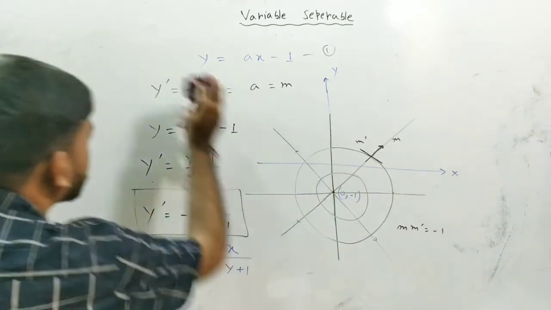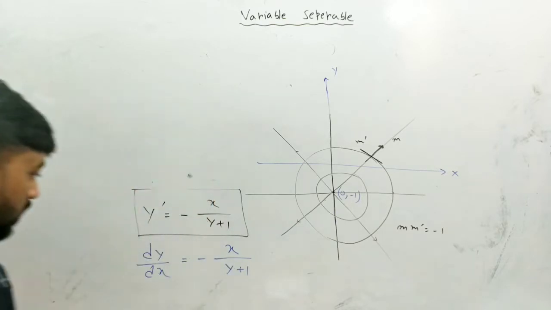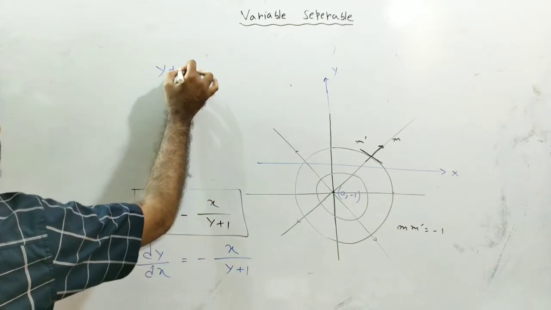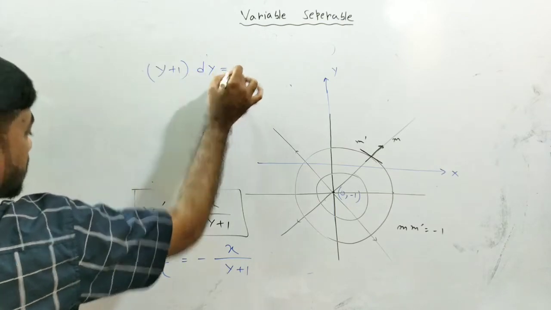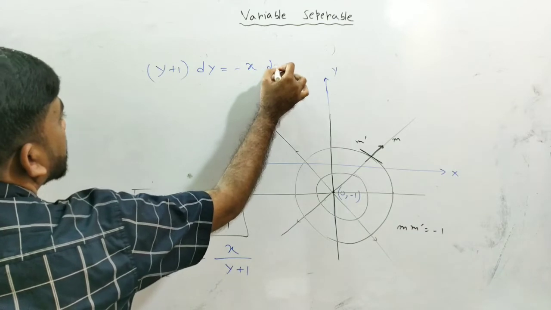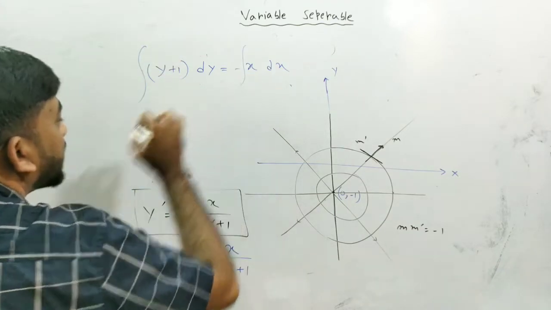Now if you cross multiply, you will get y plus 1 into dy is equal to minus x dx. Now if you integrate both sides, what will you get?